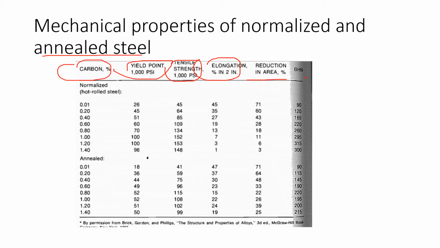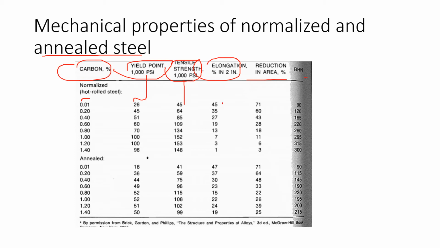For the 0.01 carbon percentage composition, the yield point is this much multiplied by 1000 psi, while the tensile strength is this much multiplied by 10,000 psi. The elongation is this much.